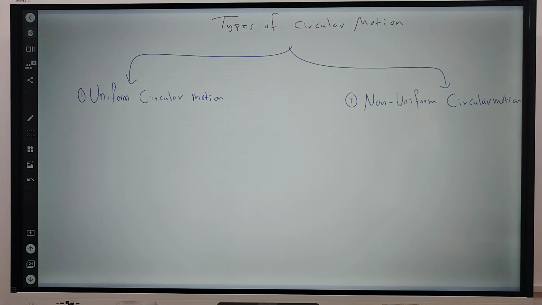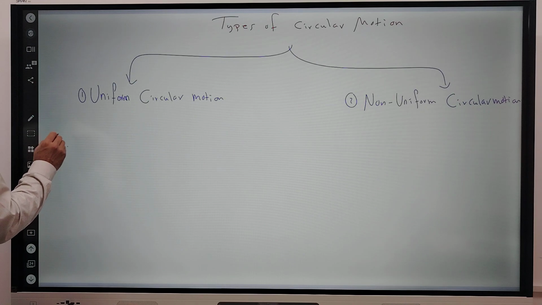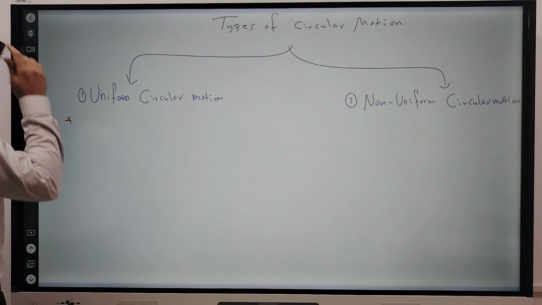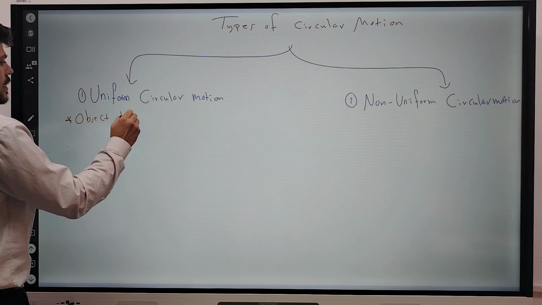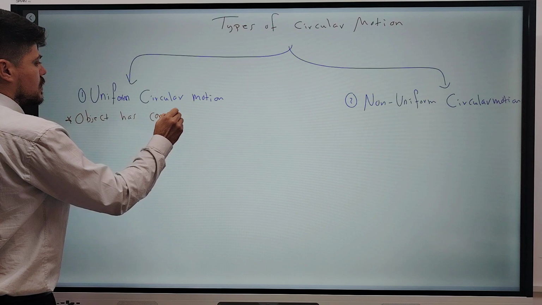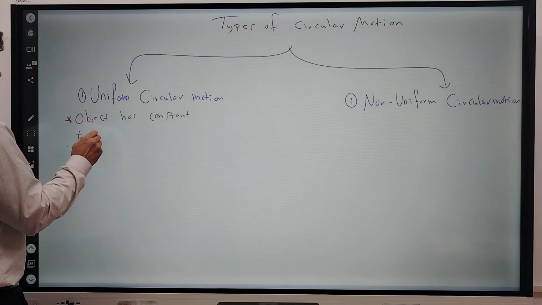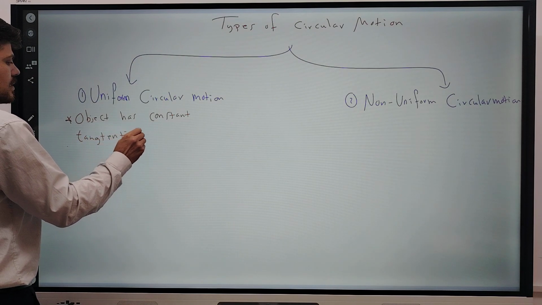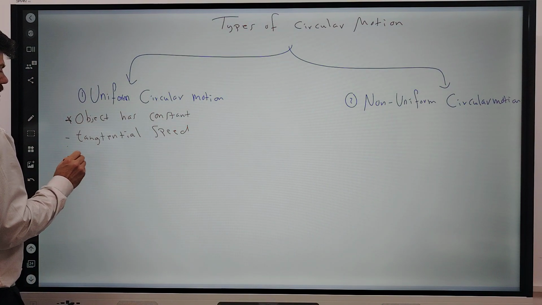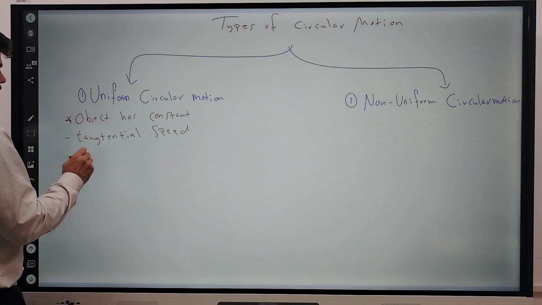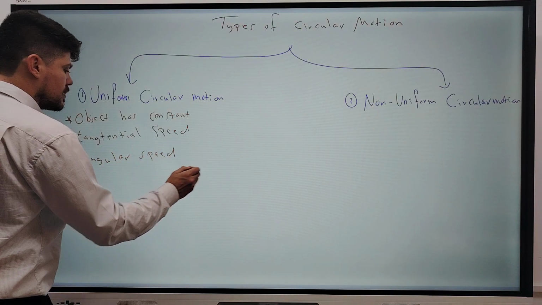In uniform circular motion, the object has constant tangential speed and constant angular speed.